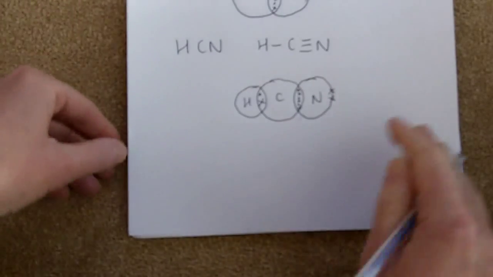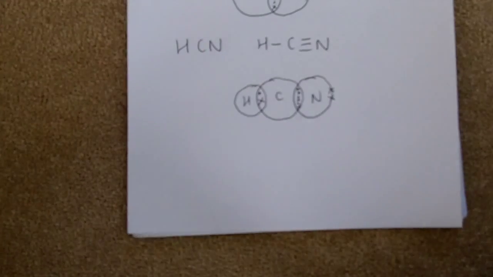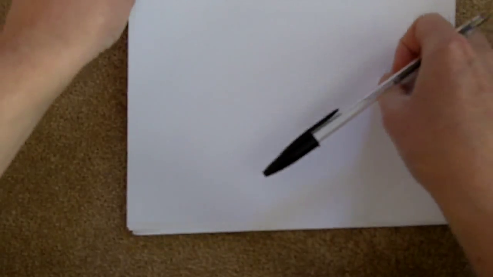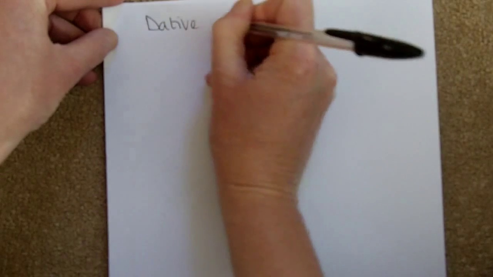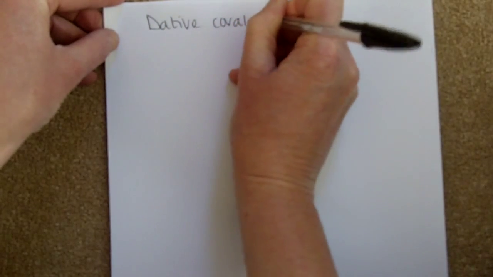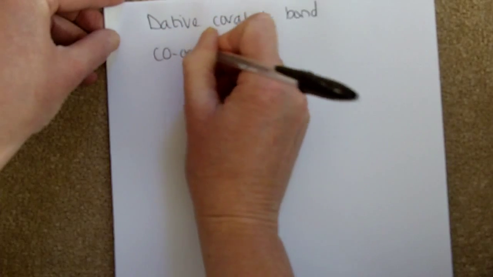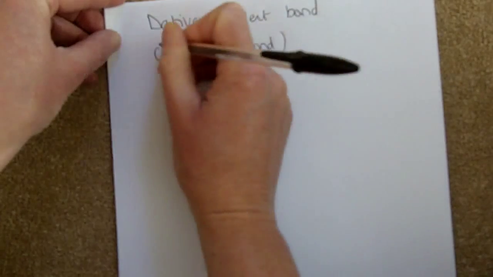Okay, for one final example, which is a bit unusual. That's called covalent bonds. There's another type of bond called a dative covalent bond. It can also be called a coordinate bond. It's got another name, coordinate bond.